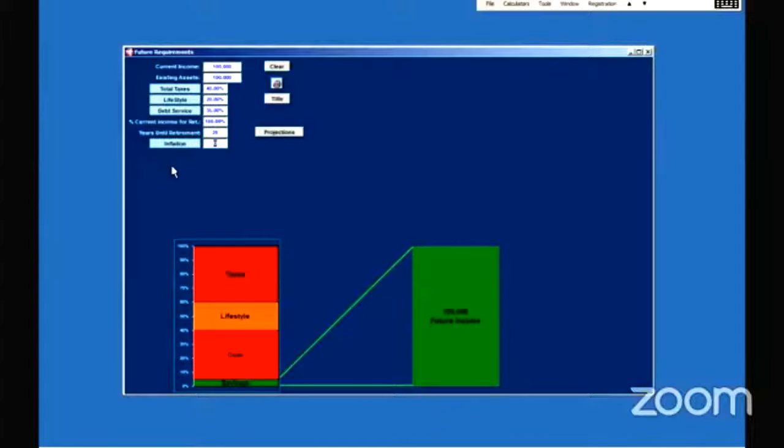And inflation is nothing more and nothing less than the fact that everything will cost more in the future, and you're going to see that in a minute.